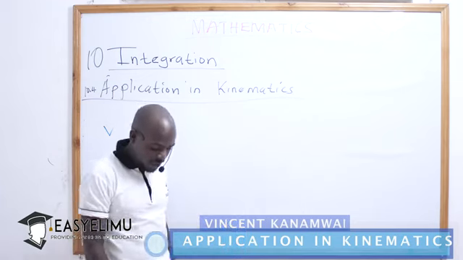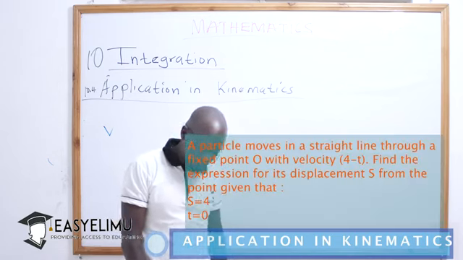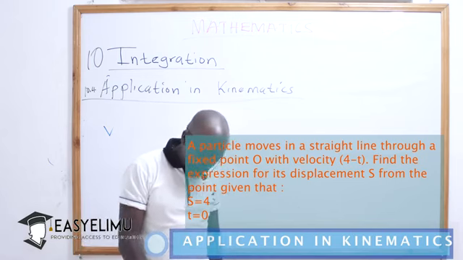We shall see some examples here. We have been told a particle moves in a straight line through a fixed point O with velocity 4 minus t meters per second.